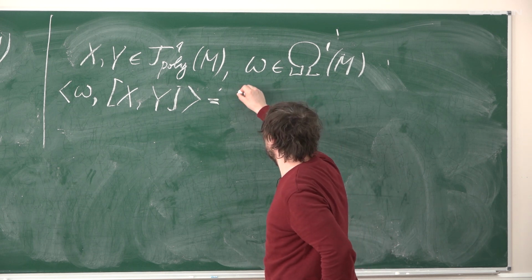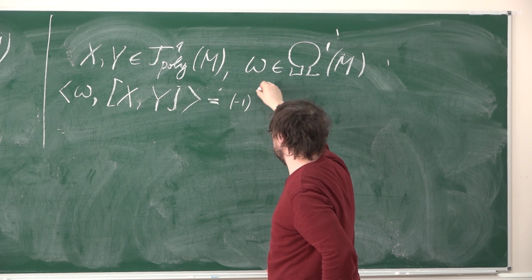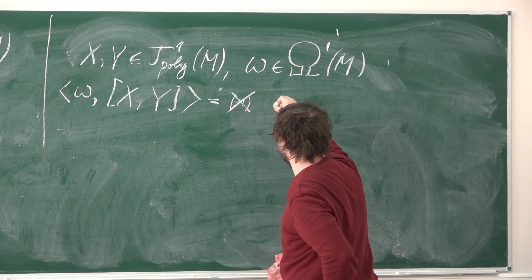So here we have minus 1 to the power 1 minus 1 times 1 minus 1, that's 0, so no sign needed here.